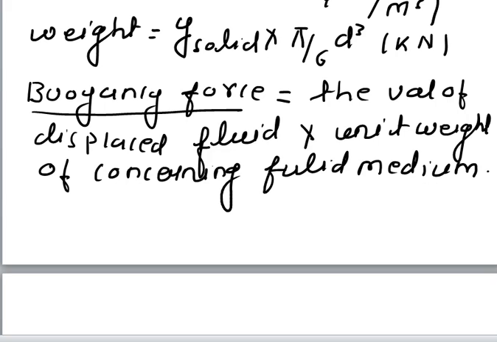So what is the volume of displaced liquid? The volume of displaced liquid, V displaced, is equal to the volume of the solid grain. Yes or not? This is the same volume of water which gets displaced, the volume of the solid particle.